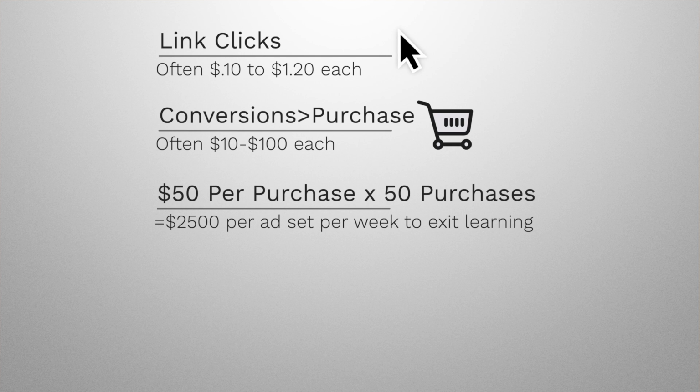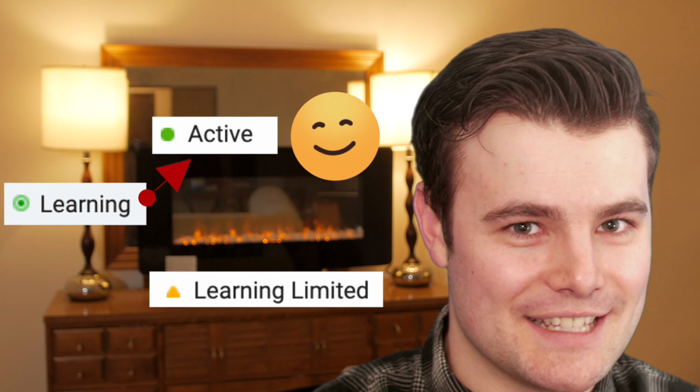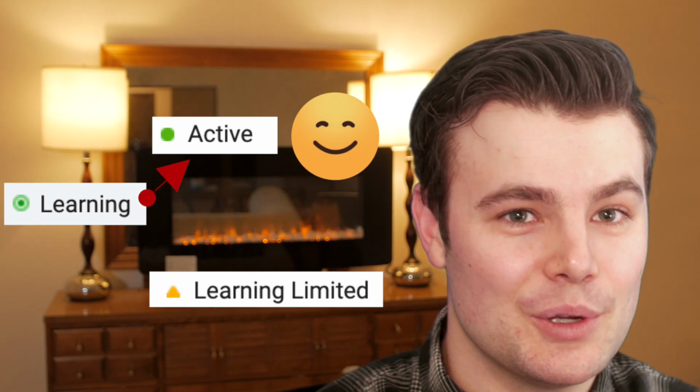And if you have 4 different ad sets under your campaign, you could be looking at spending $10,000 for that one campaign, which is especially tricky if you're trying out brand new ads that no one has seen before. Whereas if it's link clicks, you can usually get those for under $1. So you could spend $50 a week on that ad set and actually hit that learning phase.